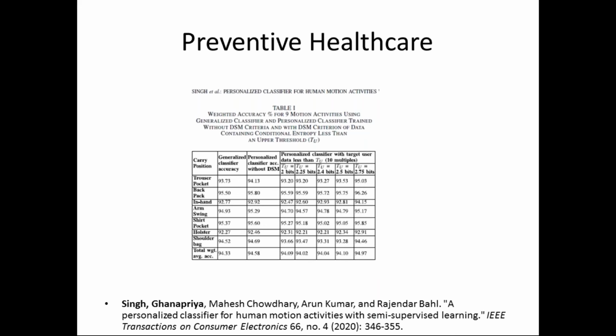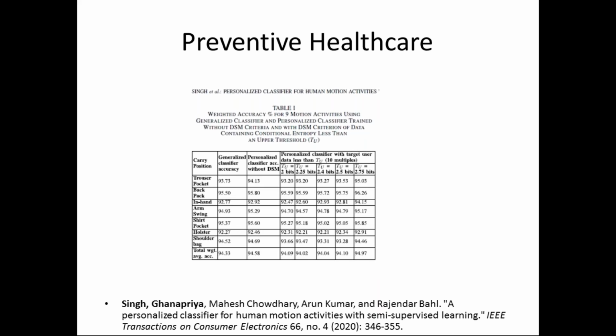So in this particular paper, what was done? A decision making was done based on a DSM criteria, data selection measurement criteria. This result is shown for using conditional entropy.